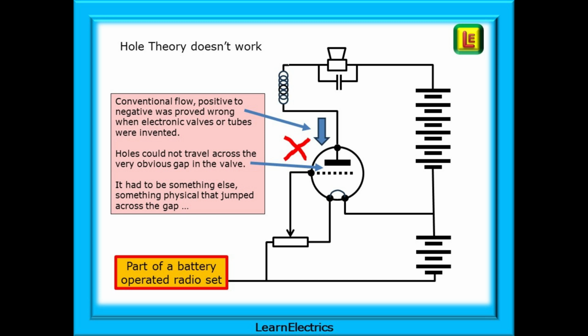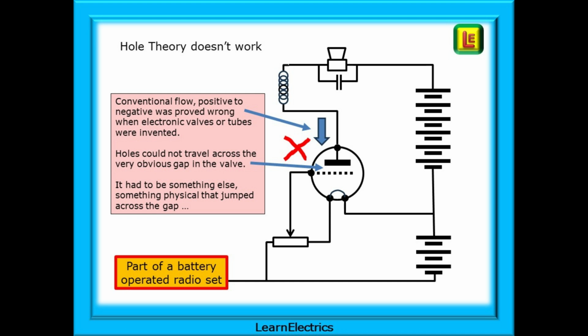Up until recently, televisions operated with valves, and the actual TV screen was a cathode ray tube. If we look at this partial drawing of a battery-operated radio set using valves, sometimes called tubes, we can see the dilemma. Conventional flow, positive to negative, was proved wrong when electronic valves or tubes were invented.